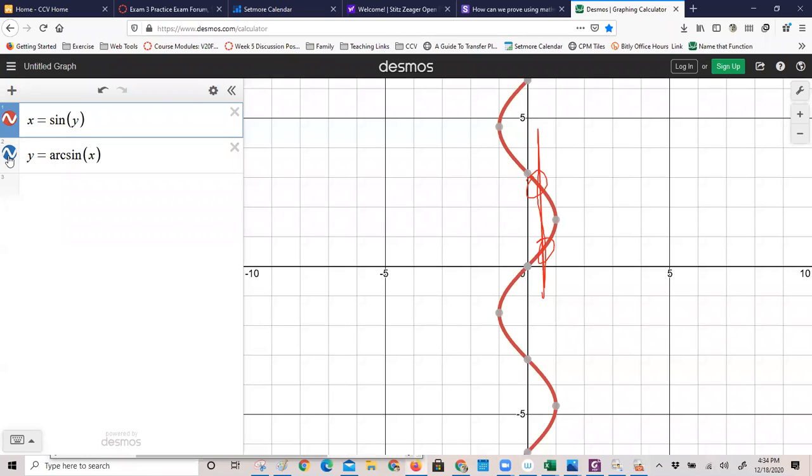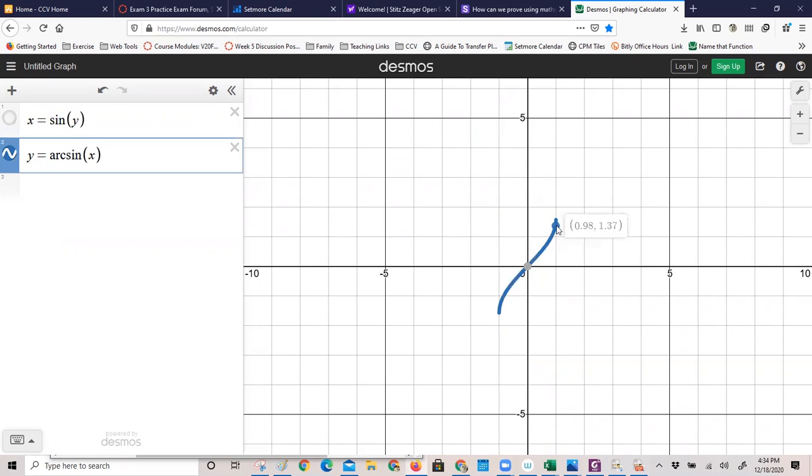Let me clear all my drawing. You can kind of see the blue graph, the arc sine graph, is limited, and those limits are 1 and pi over 2 on the right, and -1 and negative pi over 2. So that's the possible outputs.